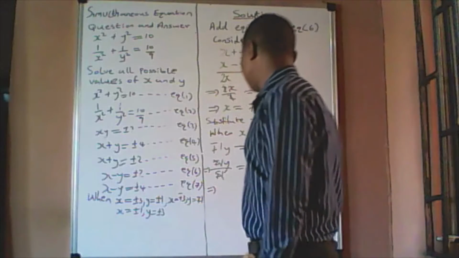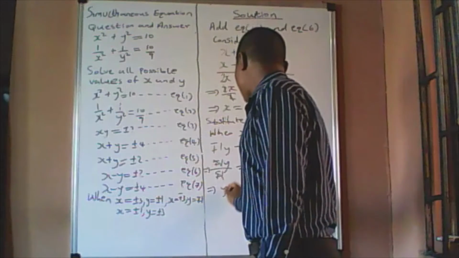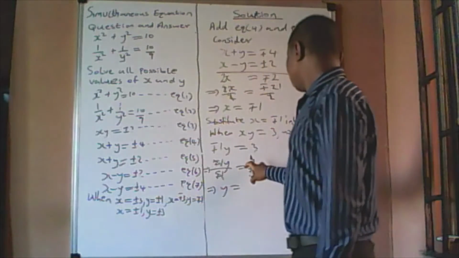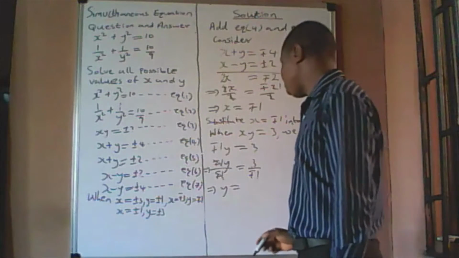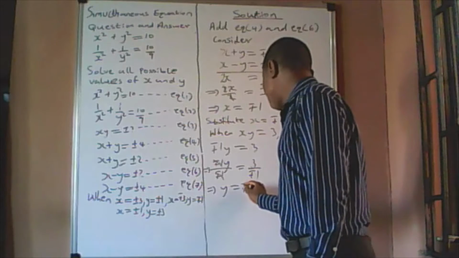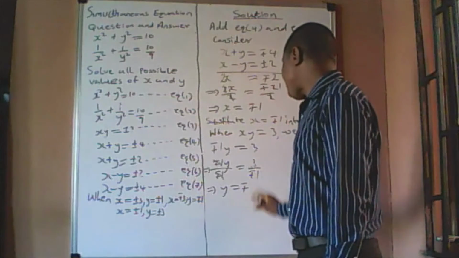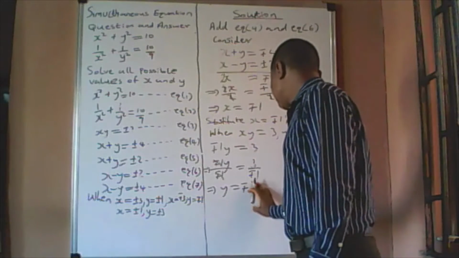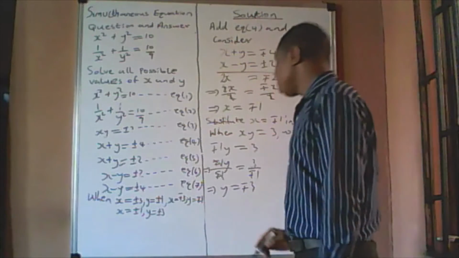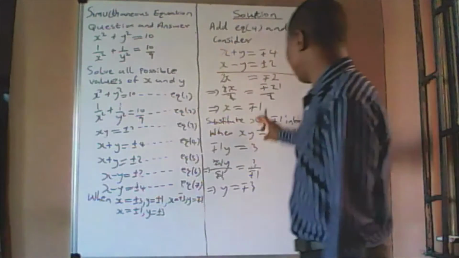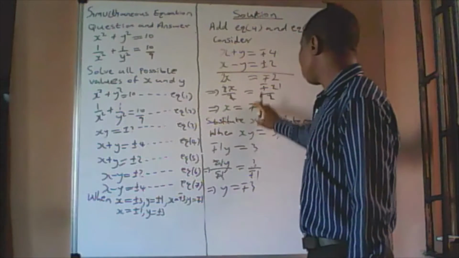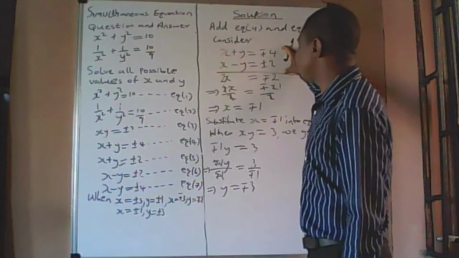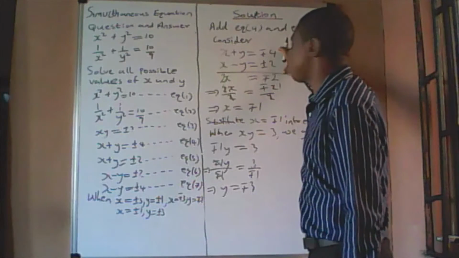It implies y is equal to, plus divide minus will give us minus. That means we have minus or plus 3 divided by 1 will give us 3. Now we have gotten the value of x and the y when we consider these values of x plus y and x minus y.